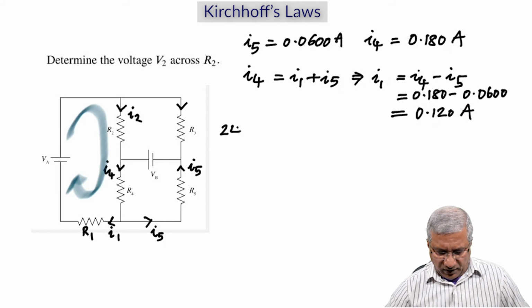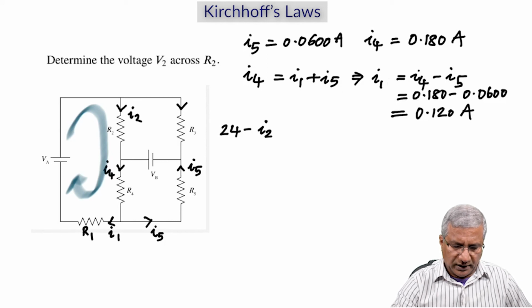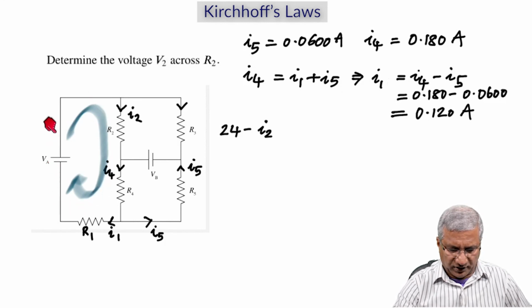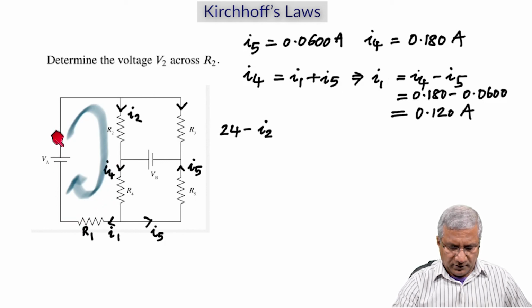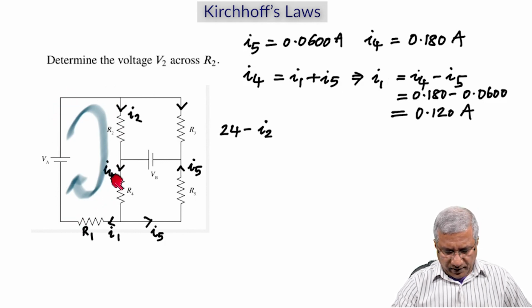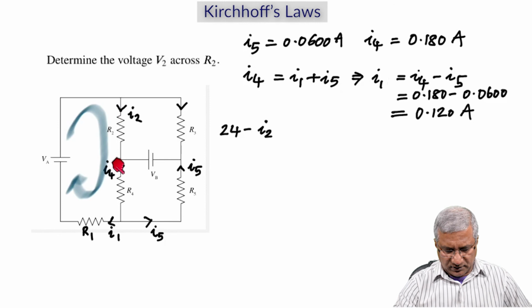All right, and then I'm going to apply Kirchhoff's loop rule in this mesh, which you can see I've not named, but that's the mesh where I'm going to apply Kirchhoff's loop rule. And as always, I'm going counterclockwise. And when you go through the battery, you're going to the positive. So it's going to be plus the voltage of that, minus I2 R2, minus I4 R4, minus I1 R1 is equal to 0.